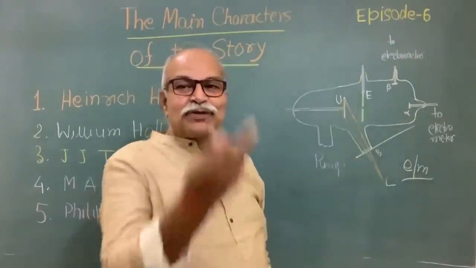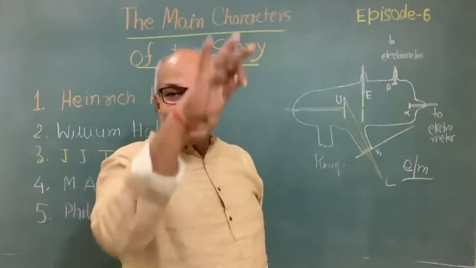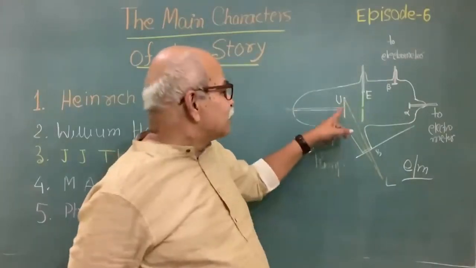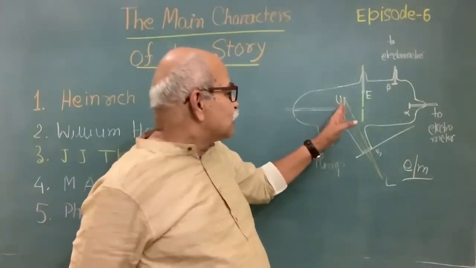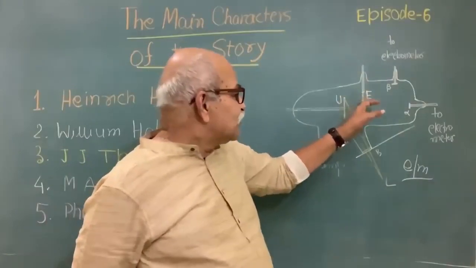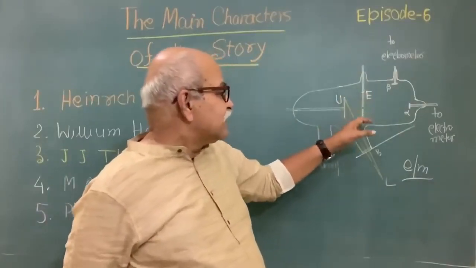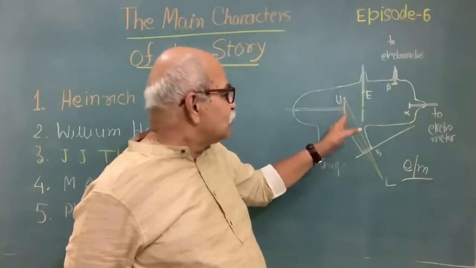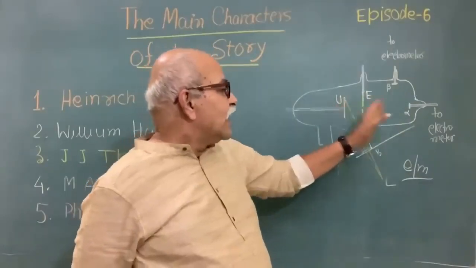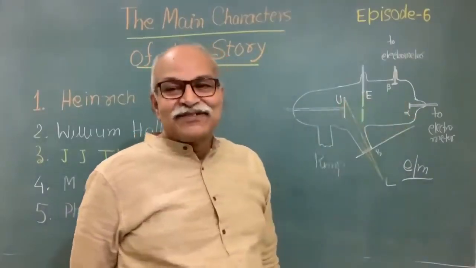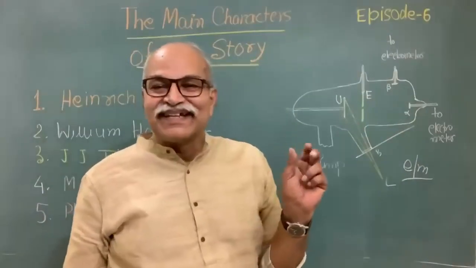Just like if you throw something up, and because of gravity it comes back. Similarly, from here the cathode rays are ejected, but because of this negative plate here, they are forced back to go to U and not reach here. So that was the kind of stopping potential.